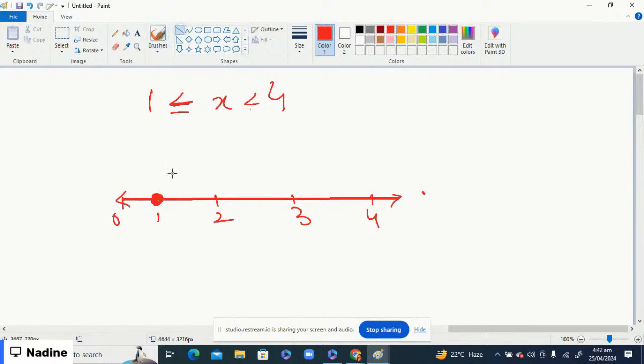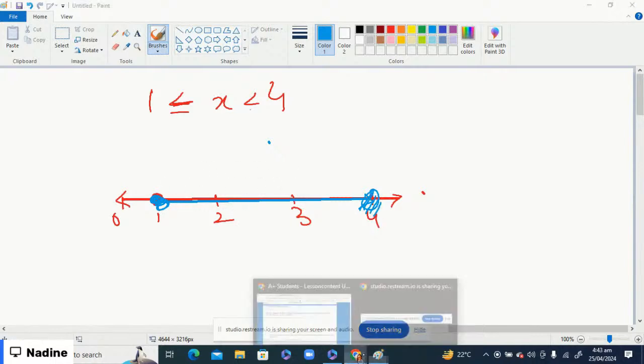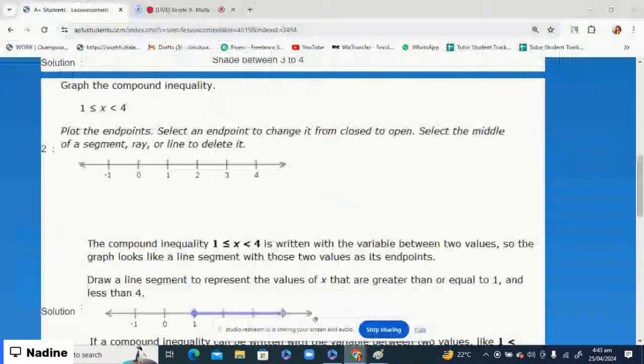But x is less than 4 as well. So it starts here, but it's less than 4, so it's a little bit backward. So this is the area that is shaded, the area between 1 and 4, but it's not on the 4.